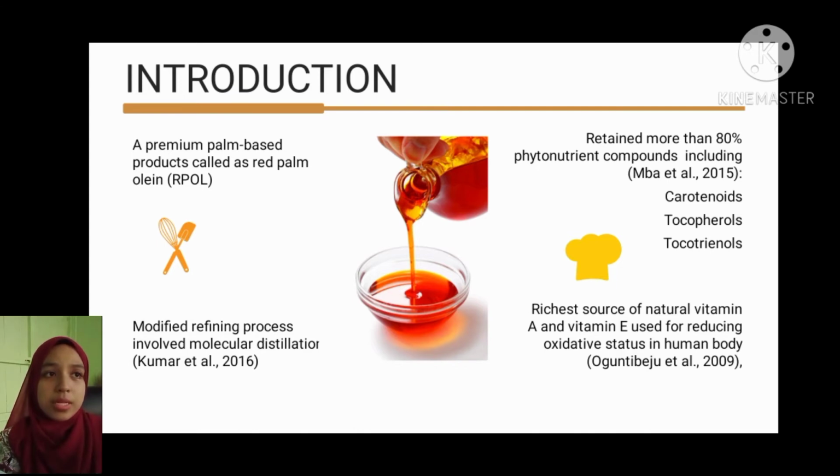Basically, this red palm olein retains more than 80% of phytonutrient compounds, including carotenoids, tocopherol, and also tocotrienol. Red palm olein is the richest source of natural vitamin A and vitamin E, which we use for reducing oxidative status in the human body.